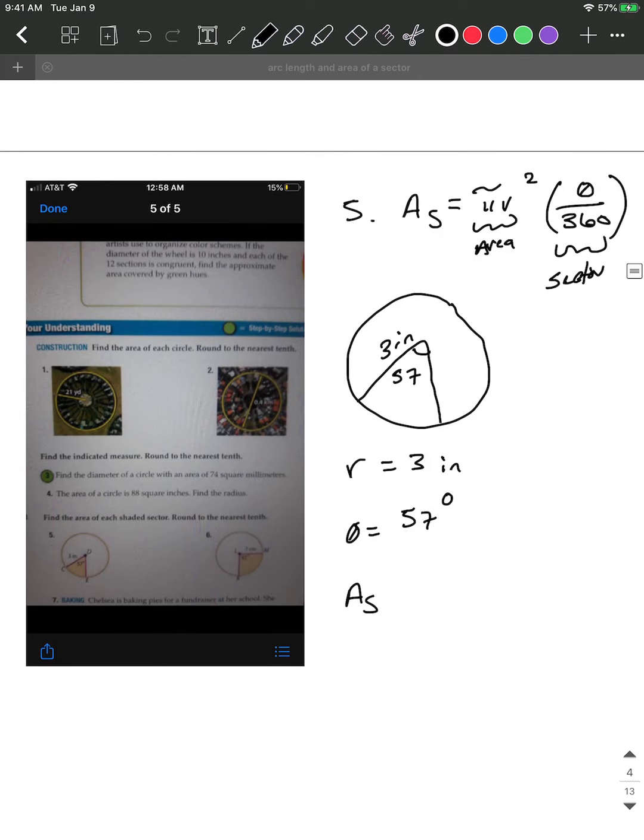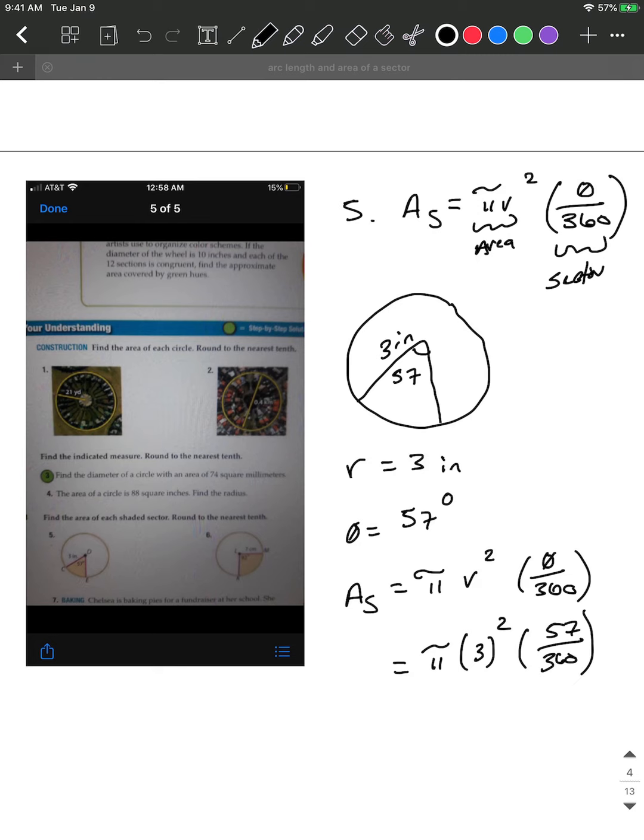So we have A_S equals pi r squared theta over 360, so it's pi times 3 squared times 57 over 360. Now this one may not give us a nice number, but we'll work with what we got.